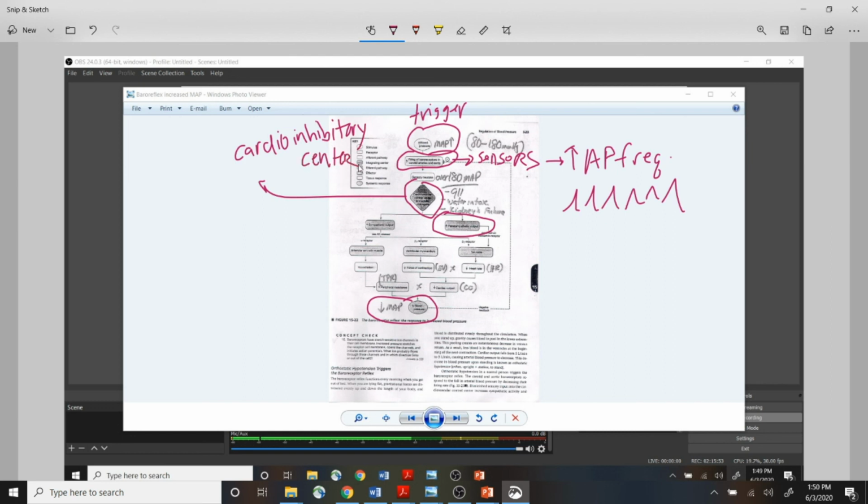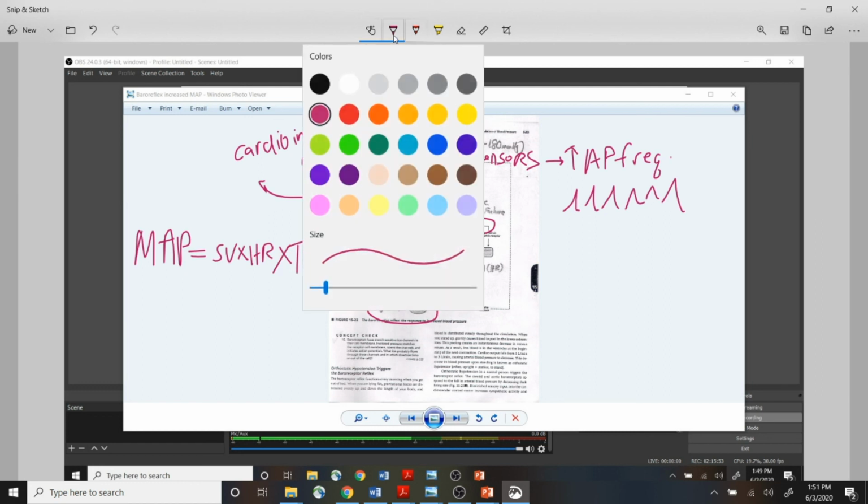When the cardioinhibitory center is activated, that means it's going to tell the parasympathetic system it's going to predominate. And as we talked about before, the only thing the parasympathetic nervous system can control is heart rate as part of that cardioinhibitory center.